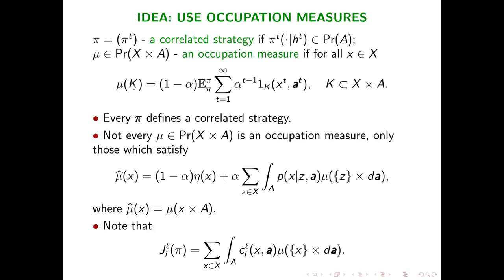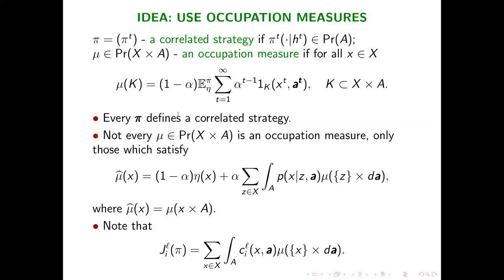So mu of K is defined for a subset K of the product of the state space and the action sets of the players, and we define such a measure mu. It is called an occupation measure, and it's not difficult to see that mu is also a probability measure on the product of the state space and the action sets.